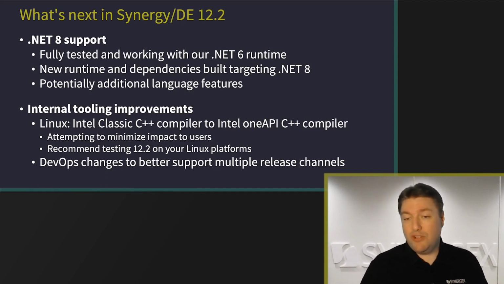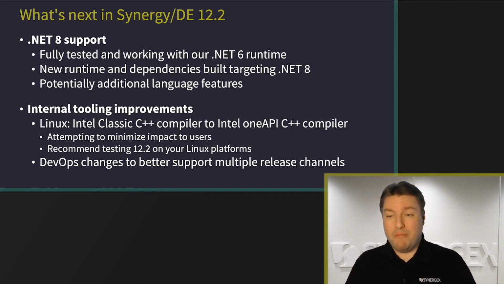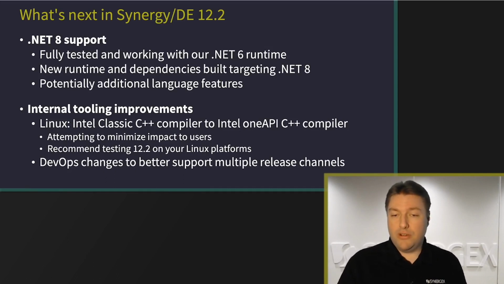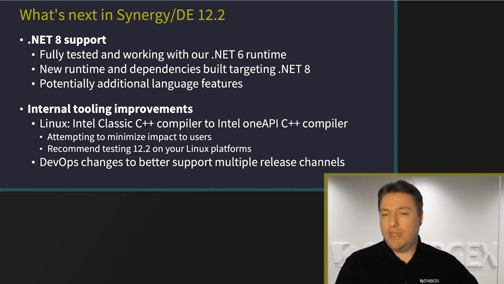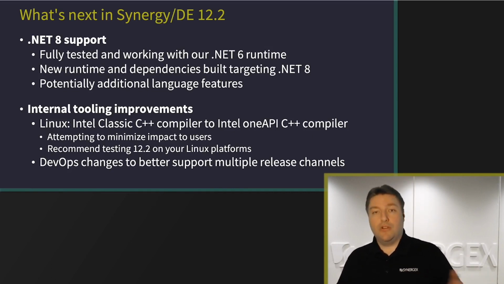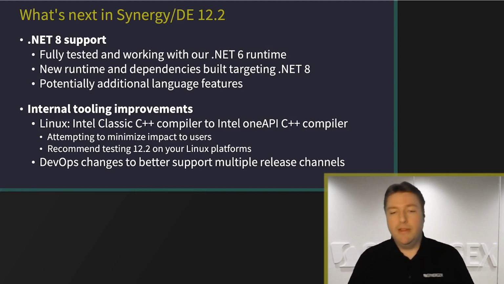Our goal with this change is for it to have no impact on your existing supported platforms. So we are doing a lot of validation to ensure no rogue glibc problems or anything like that. But I would still highly encourage all Linux customers to try this build on your individual Linux environments.